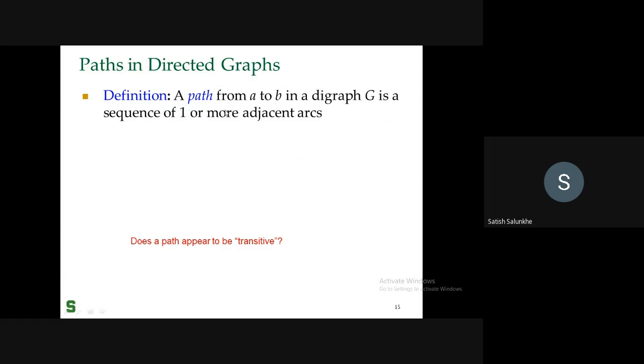A path from A to C in a directed graph G is a sequence of one or more adjacent edges.